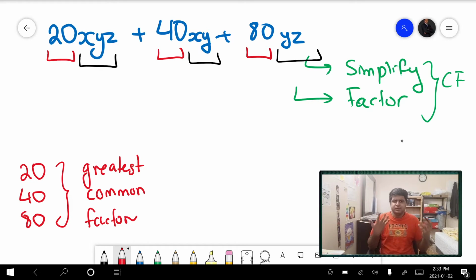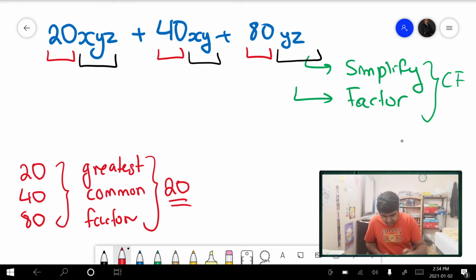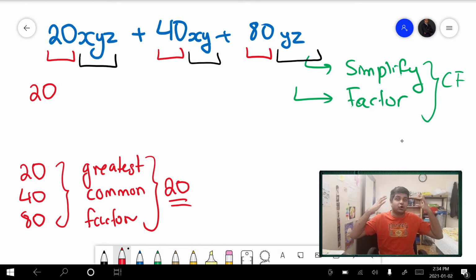You can probably do this by inspection, but one of the things we can see is that they're all divisible by the smallest number, which in this case is 20. So that means 20 is going to be the first number that we take everything common from. That is our greatest common numeric factor, right?